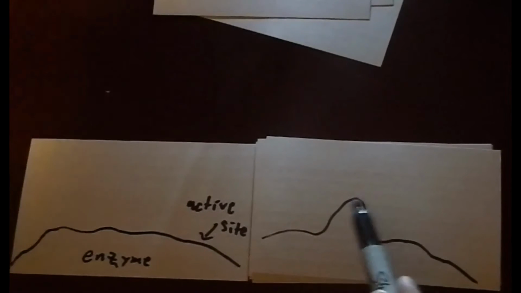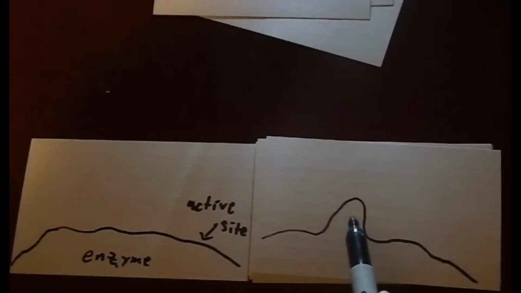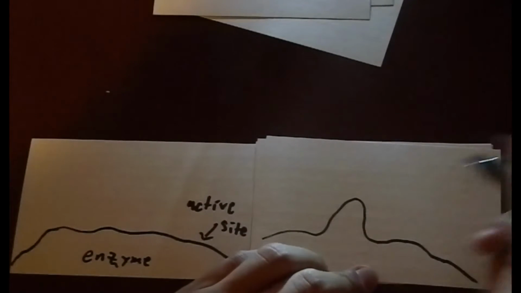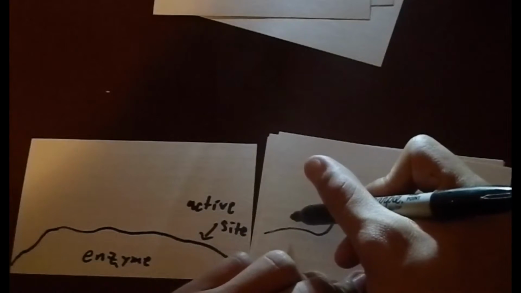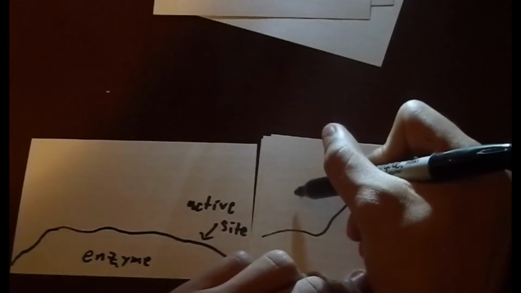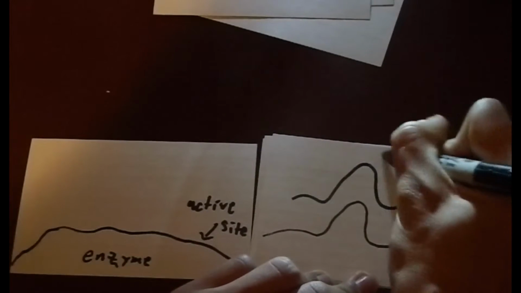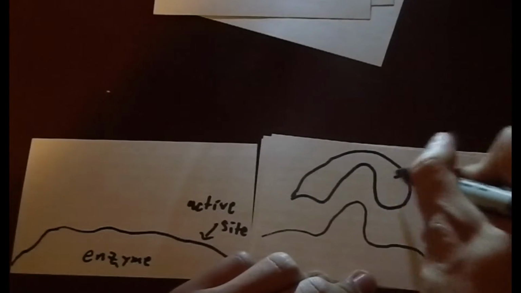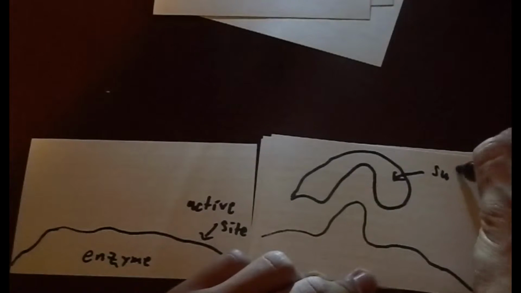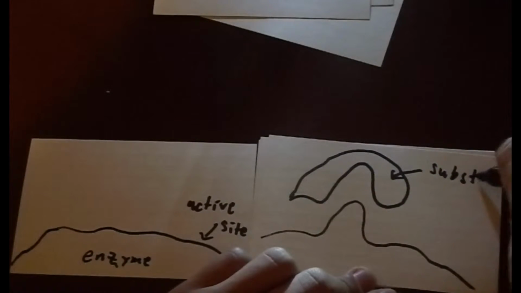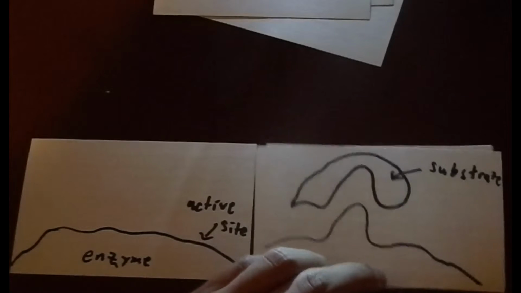So let's say that's the active site right there. Now, if a substrate comes along and it's the exact fit for that, so let's say that's the substrate, then it comes and it fits it and it binds to it.